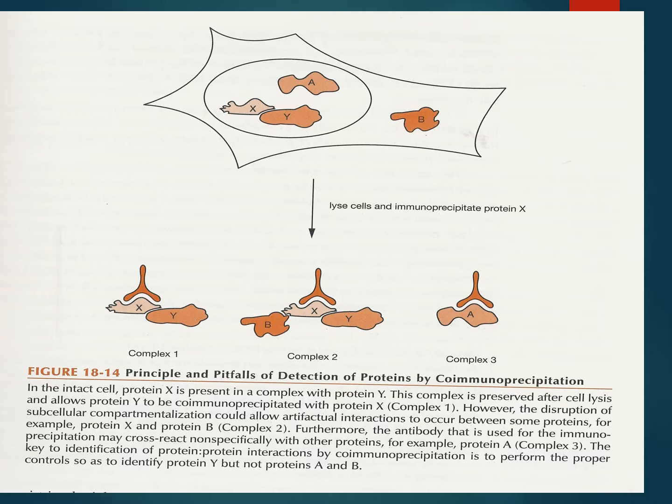And just by chance, X and A have the same set, maybe they're cousin proteins, and they have the same amino acids that form an epitope for the antibody. So that antibody would not be of use to us here. And if you didn't pre-fractionate the cells and separate the cytosol and the nucleus, then you would be picking up B. And imagine maybe how many months you might go down the track. Imagine even trying to publish that, right?